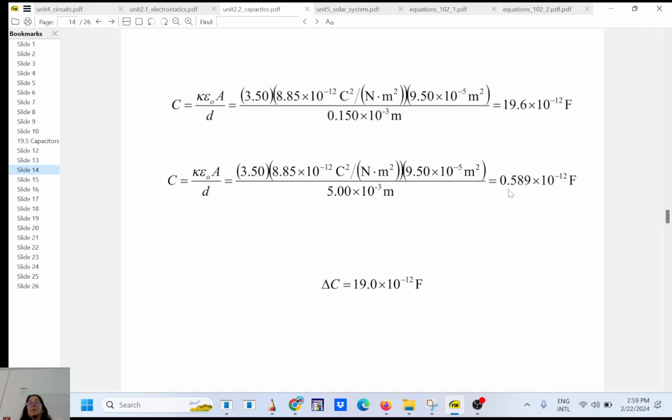You see how many pico you have? 0.589. It's the same thing. So with scientific notation, if here we divide by 10, that will be 10 to negative 13. So here you multiply by 10, which is 5.89. All right. Got it.